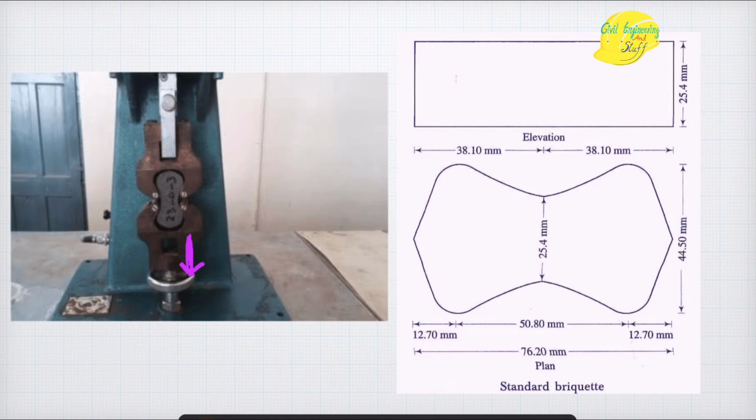The failure that will take place is because of the tension force that is developed, because it will crack due to tension. Through this we assess the tensile strength property of the cement.